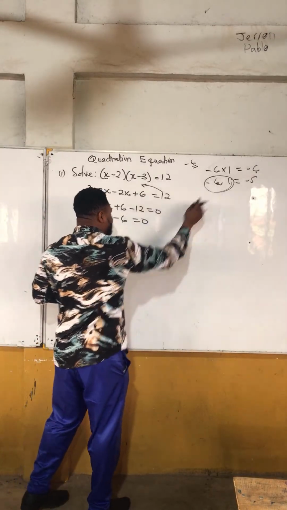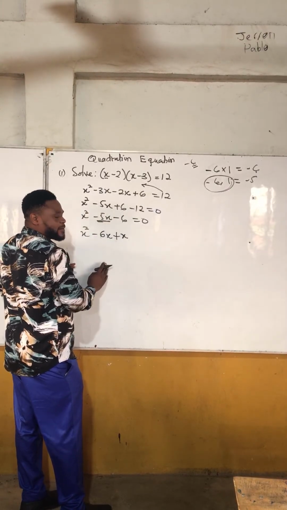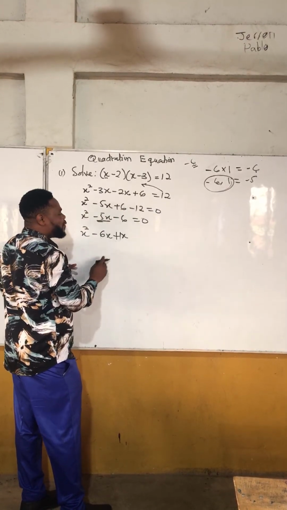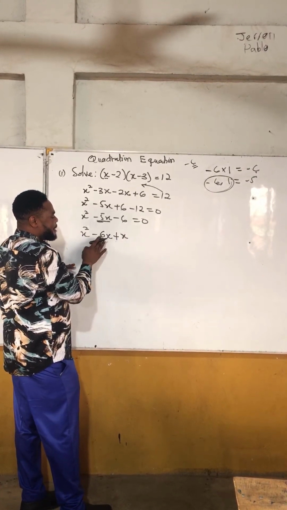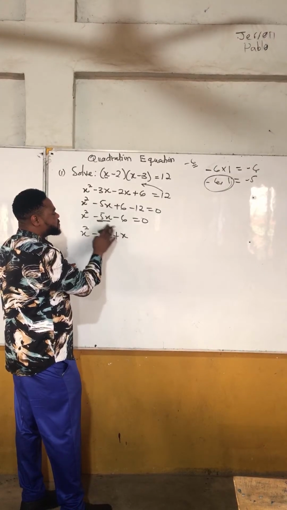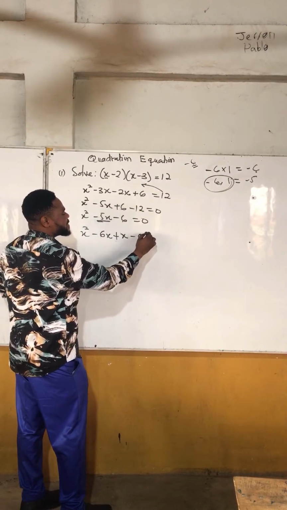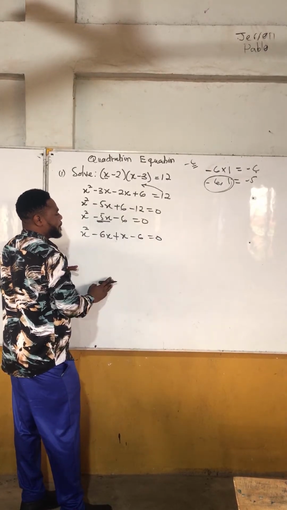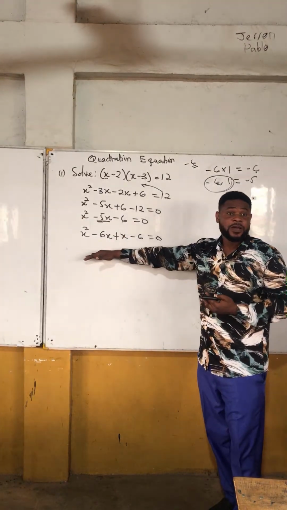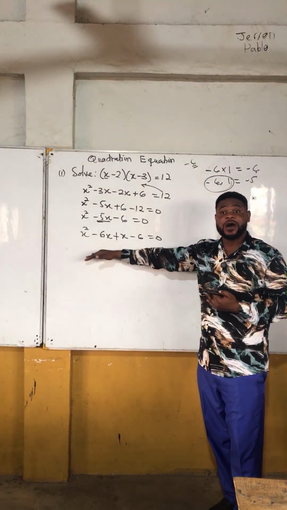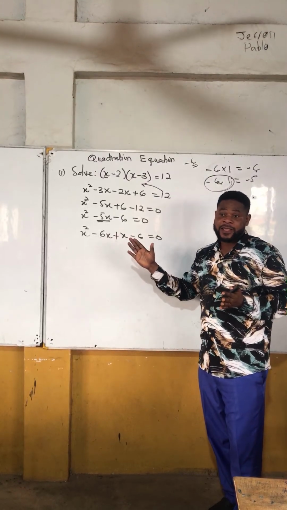The 1 is positive, so we bring plus x. We don't say 1x, we say x. So you could see that minus 6x plus x will give us negative 5x. Then you bring your negative 6 equal to 0. So look at it very well to this level and see how it works. If you don't understand anything, you let me know. Are you okay with that?